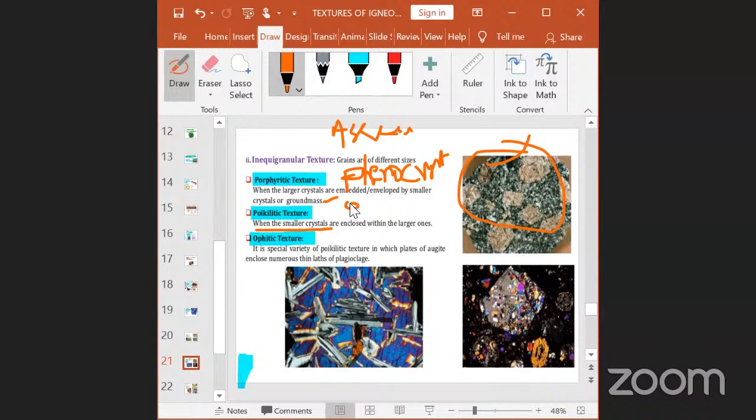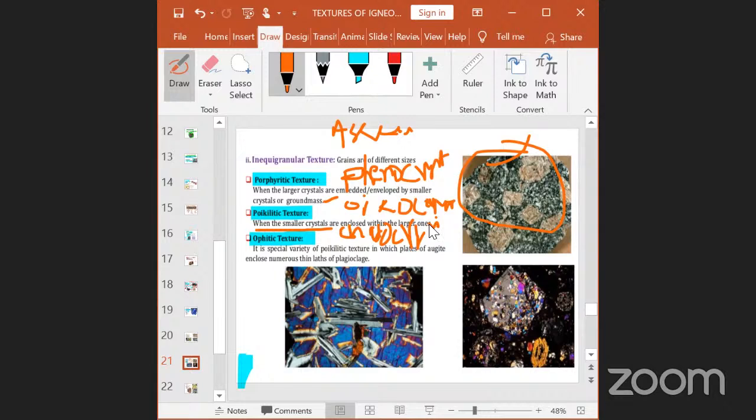Remember this word, oikocryst, and the enclosed crystals are known as chadocrysts, right? So these are poikilitic texture.